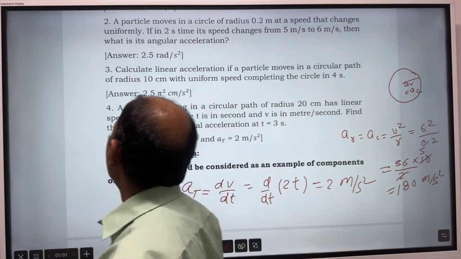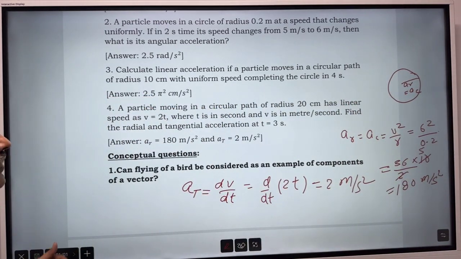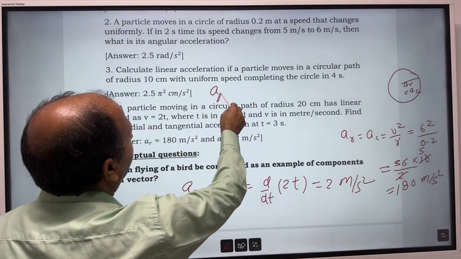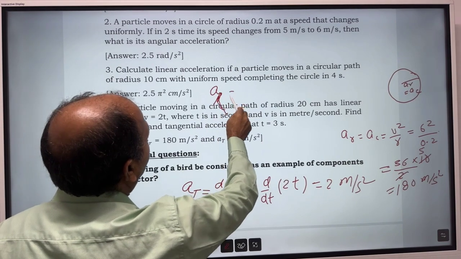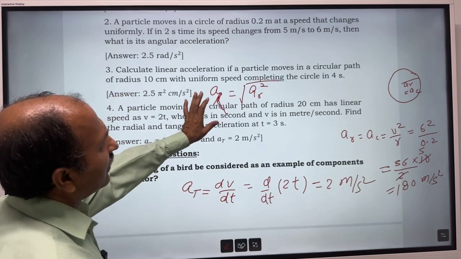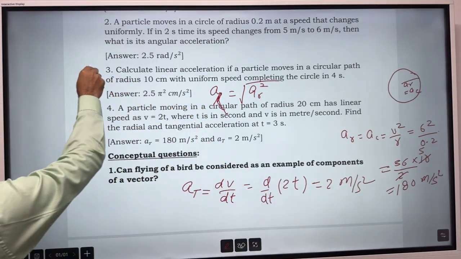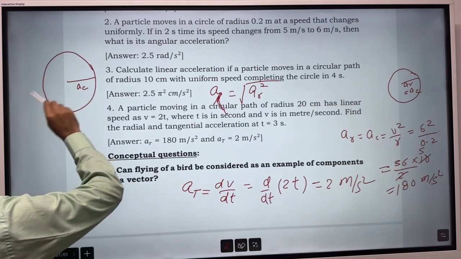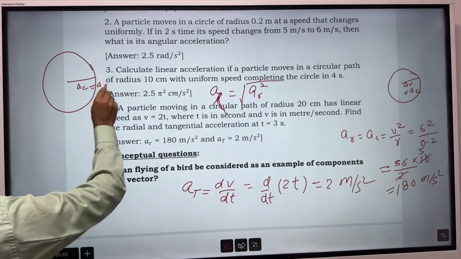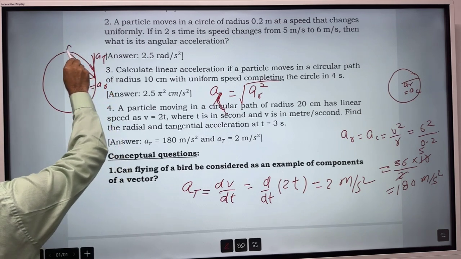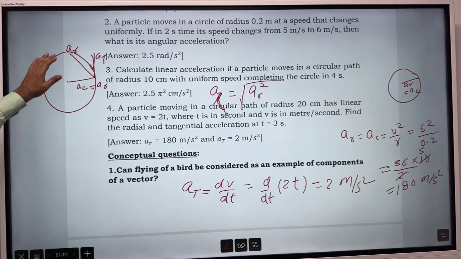Now suppose you want to find out what is resultant acceleration. In that case, what will you do? So I told you that A resultant, capital R, is equal to A small r square. Capital R is resultant. So to avoid confusion, it is necessary to write here AC instead of AR. And this is AT and this is resultant. Then you can write small r here.